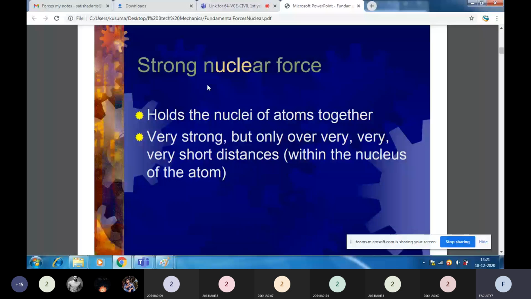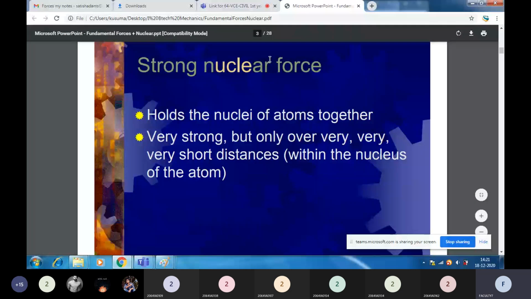Now the next point: even though it is very strong, what is the range? The range will be very short. What is the reason? This particular force is related to the nucleus. Where is the nucleus? It is inside the atom.